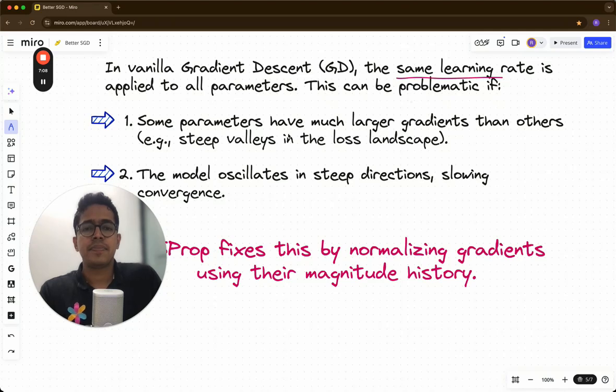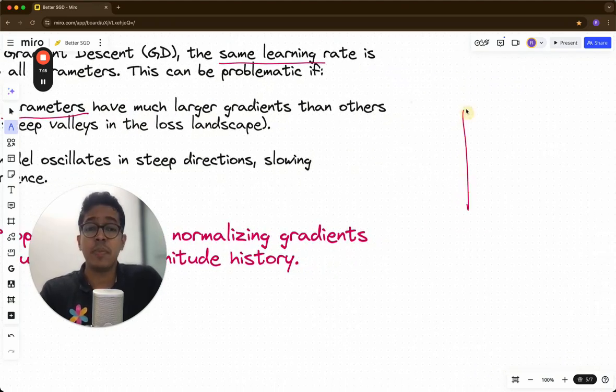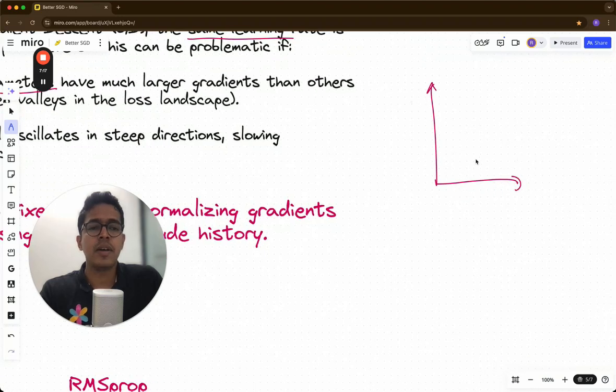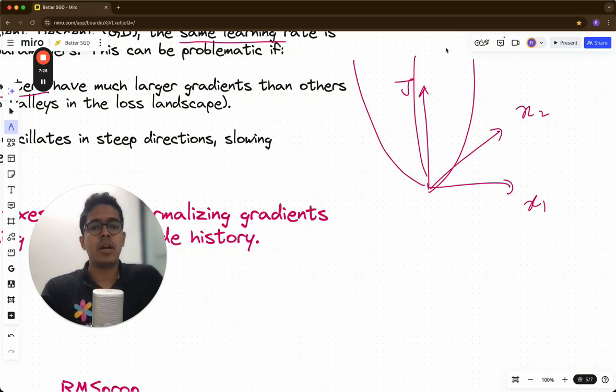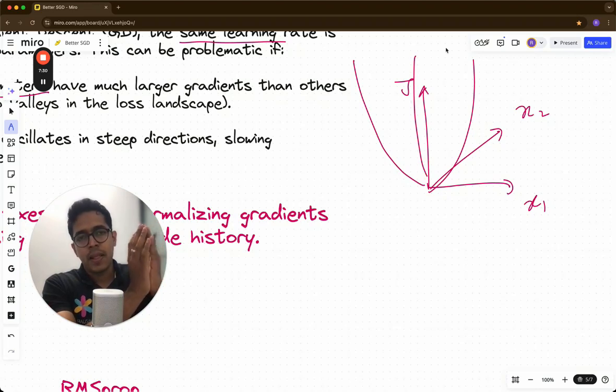And sometimes some parameters may have much larger gradients than others. By this I mean something that cannot be displayed on a one-dimensional graph. But let's say you have parameters x1 and x2, and J is a function of two variables. So this will be like a parabola, but it has both x1 and x2 parameters, so it's like a 3D surface.